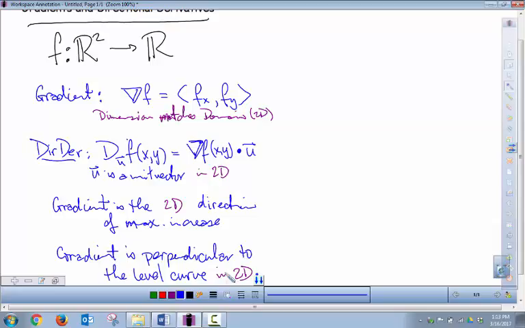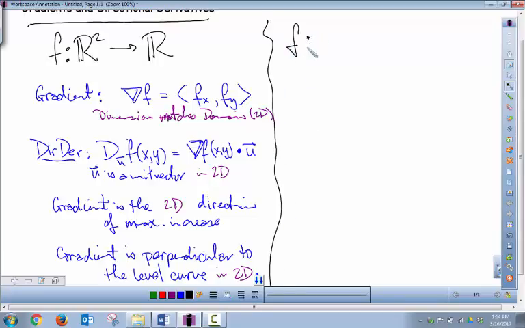All right. So can you tell that I was stressing the idea that this is in two dimensions? Because, why? Because we're going to take a look at gradients in three dimensions. So now we're going to consider functions of three variables.